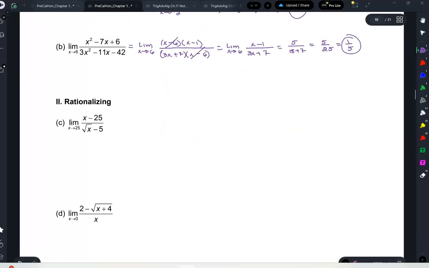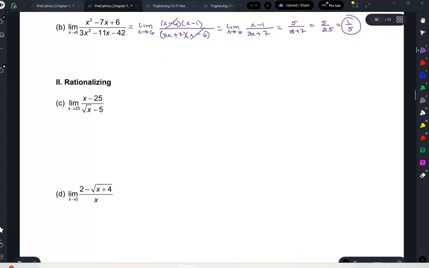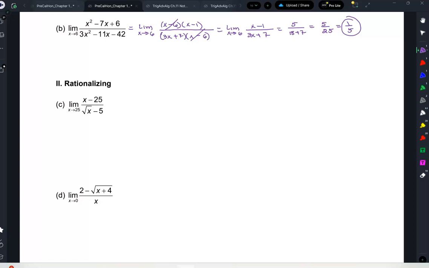Okay. The next is rationalizing. I just didn't put them out. I haven't had time. So, take a look at this one. You plug 25 into the numerator, you get 0. Root 25 is 5 minus 5, you get 0 again. In this situation, there is nothing to factor, so we have to figure out something else to do.